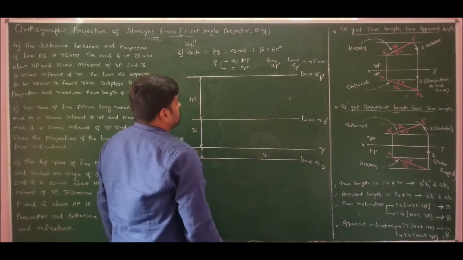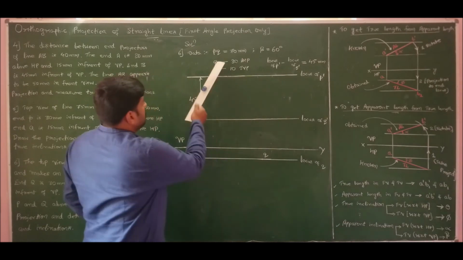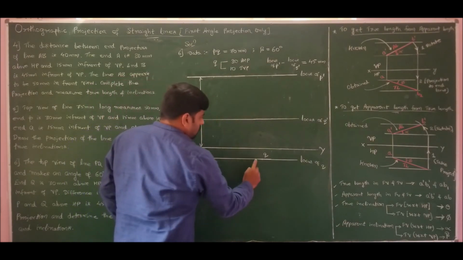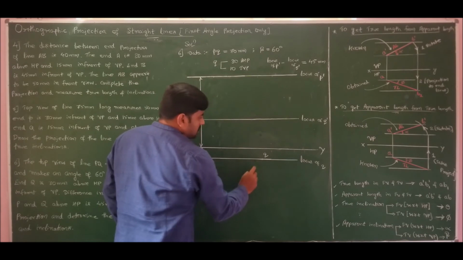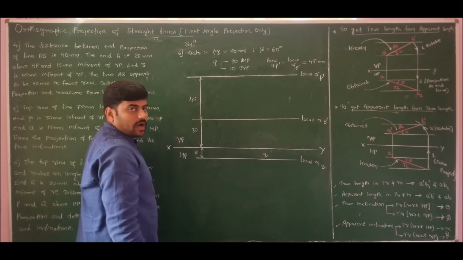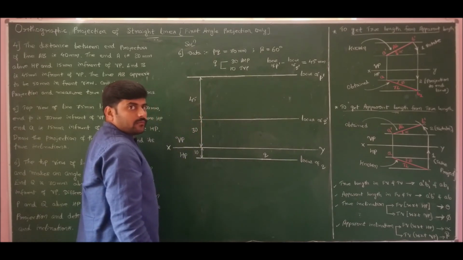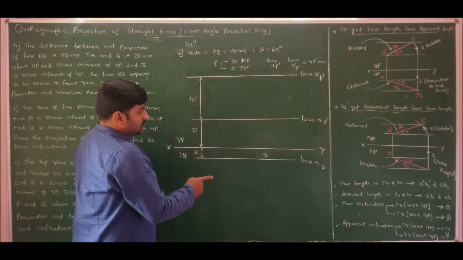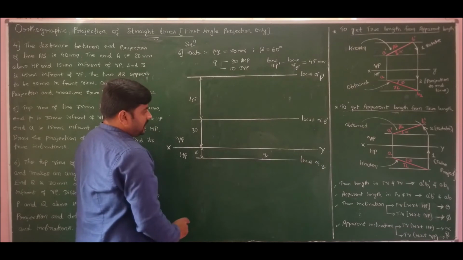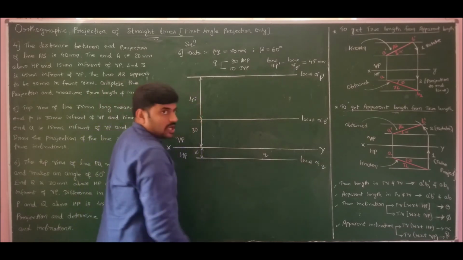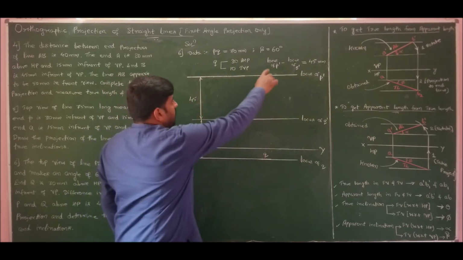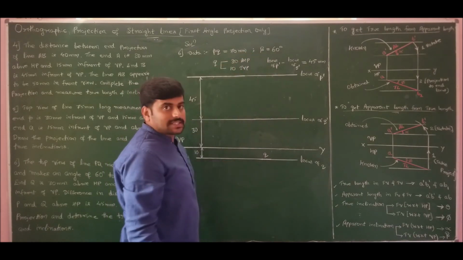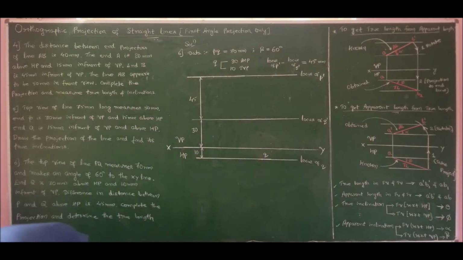Now he has stated that PQ is 70 mm and beta is 60 degrees. So mark beta, which is nothing but the angle of inclination of the apparent top view, the angle of inclination of the apparent line with respect to the vertical plane, which I should show in the horizontal plane. So marking an angle of 60 degrees, draw a line at a length of 70 millimeters.